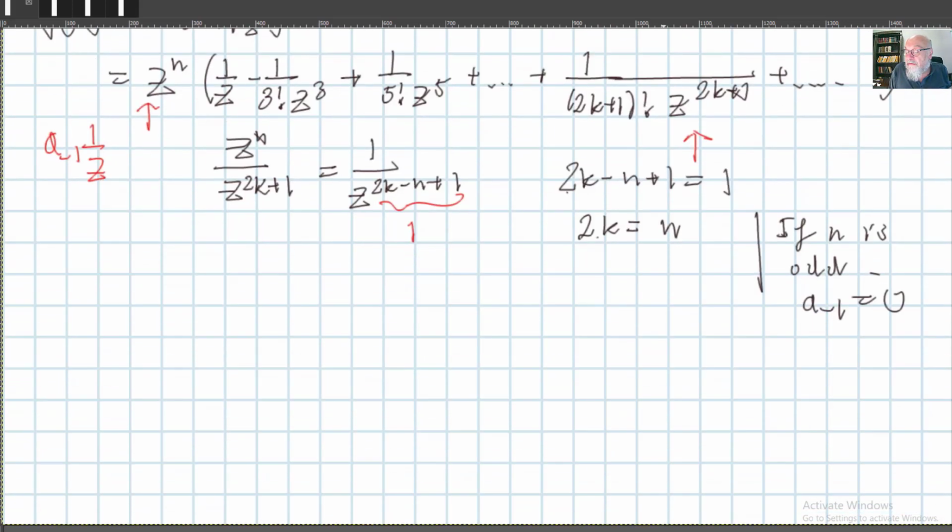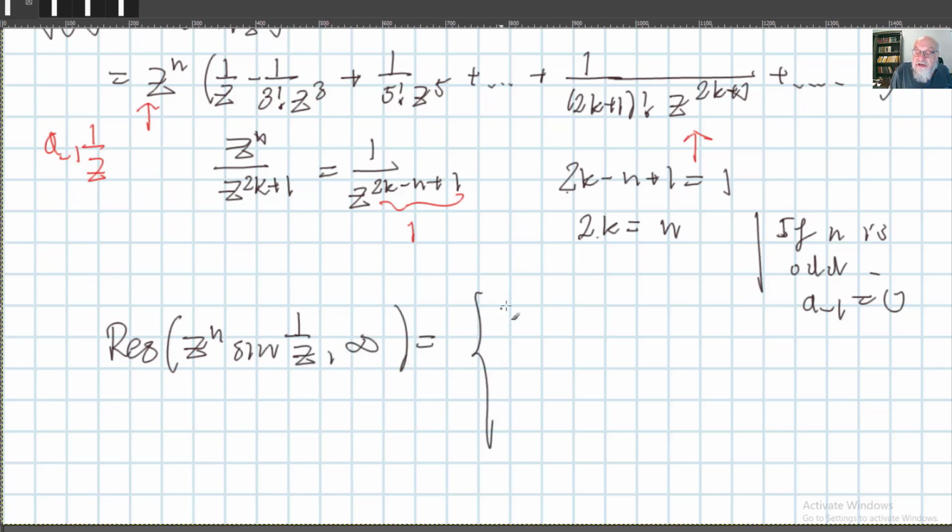So we are getting here the answer. Write it down: residue, and I put here again the function. The function is z to the n, sine of 1 over z, at infinity. We just obtained this is 0 if n is odd.